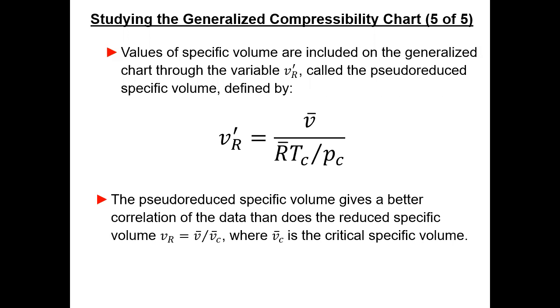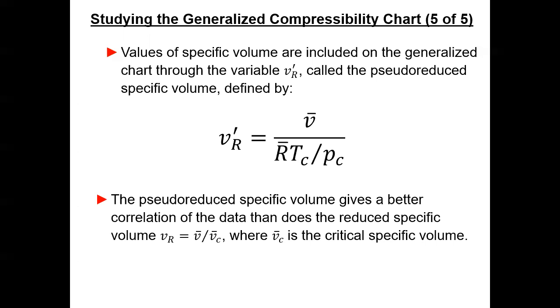Anyway, it's a correlation parameter. It turns out that using that formulation gives better correlation to the data than just the regular reduced specific volume. Like we had reduced pressure and reduced temperature, we could do the reduced volume, which is defined as the molar specific volume divided by the molar critical specific volume.